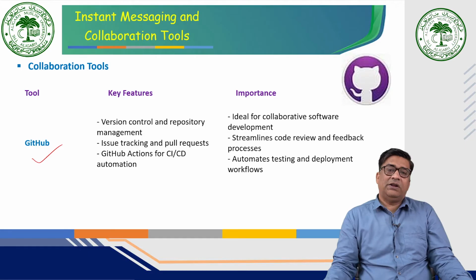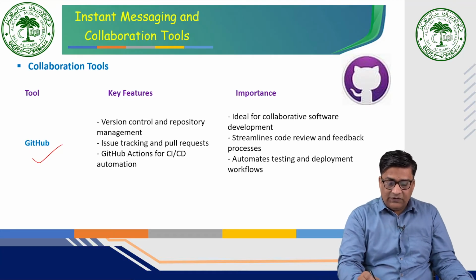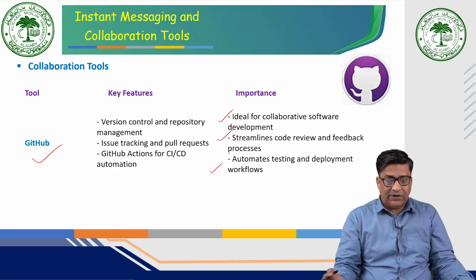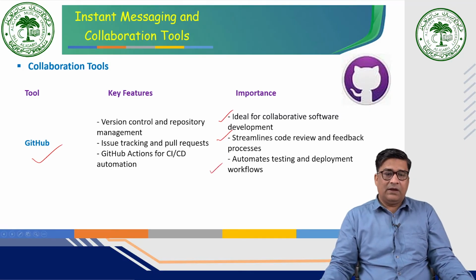GitHub is a vital tool for software development, enabling collaborative code development, change tracking, and project management. These are important features of GitHub that you can easily avail while collaborating on any project.